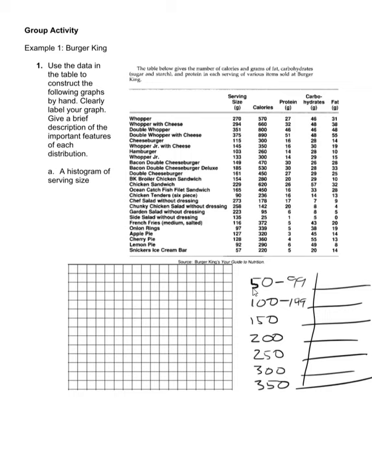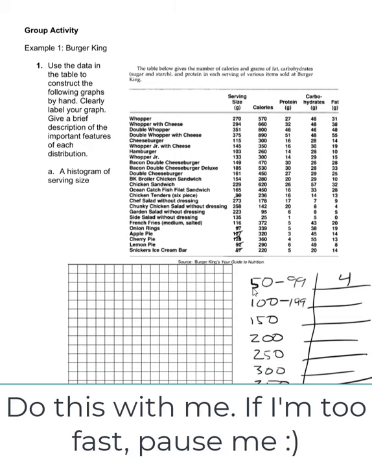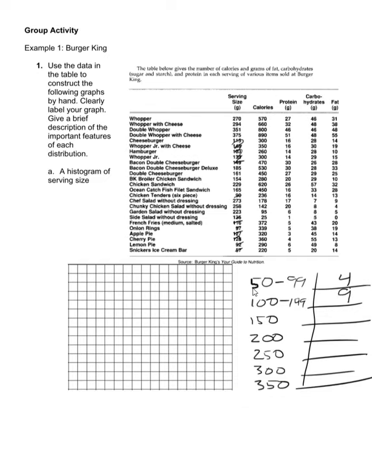Now let's tally. So we got 1, 2, 3, 4 here. Now the hundreds, we got a lot of hundreds. 1, 2, 100 to 149s: 1, 2, 3, 4, 5, 6, 7, 8, 9. And then we go to the 150s: 1, 2, 3, 4.